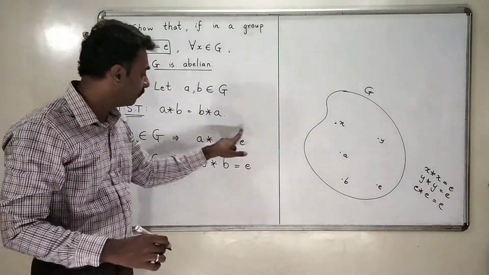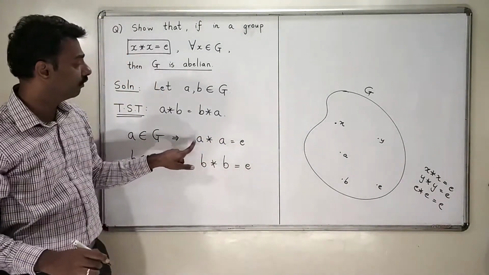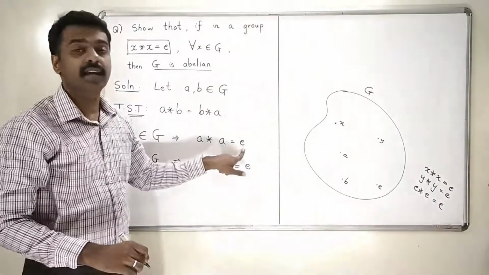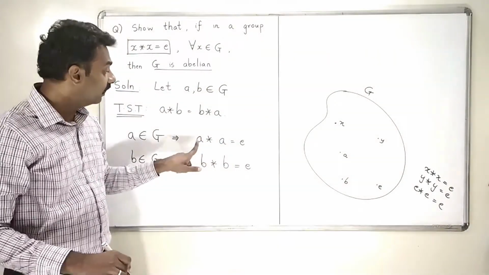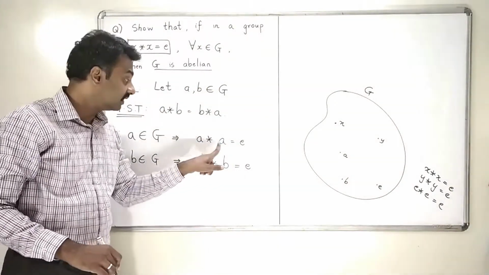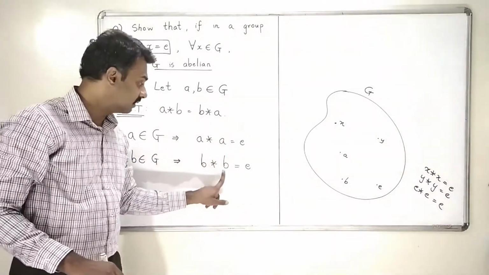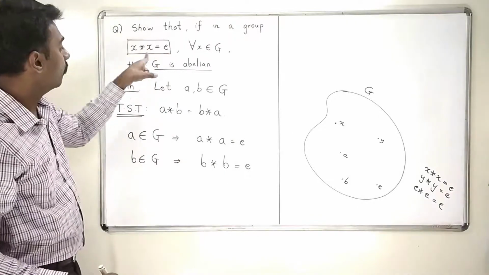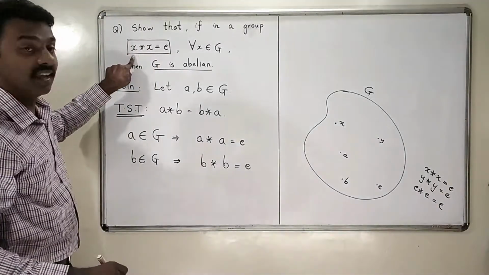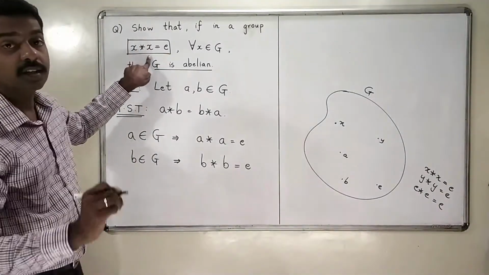Right? Now, let us pay attention to what is the meaning of A star A is identity. A star A is identity means inverse of A is again A. And inverse of B is B. In general, what does this property say? Inverse of any x is the same element.